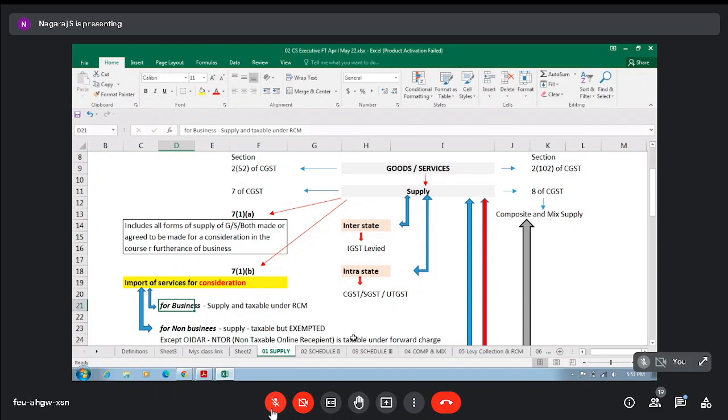Then Netflix has to appoint an agent before they start giving these kinds of services to the Indian consumers, online recipients. The agent of Netflix has to pay the tax. Whatever subscription it collects from you, on that subscription they will have to pay GST to the government.